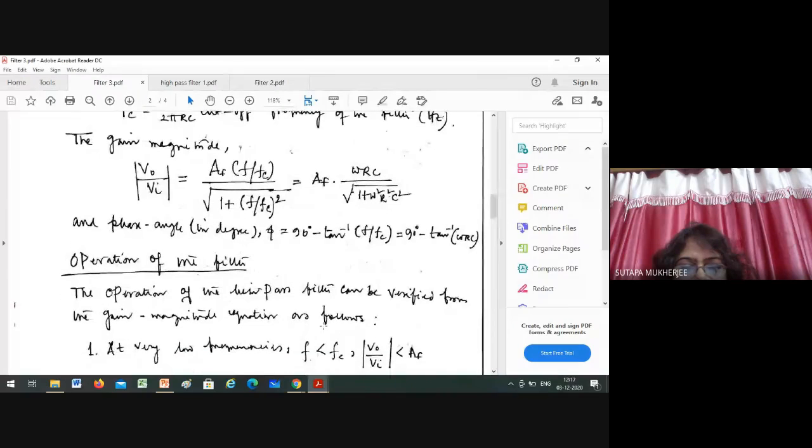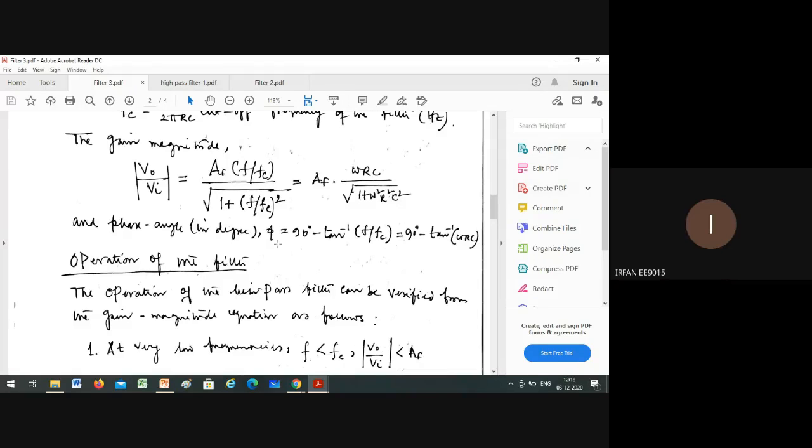So come to operation of the filter, how can you explain this is high pass. So if F less than Fc, তখন কি পাস করতে দেবে কি দেবে না? যখন আমার ফ্রিকোয়েন্সি কাট অফ থেকে কম, when the frequency is less than Fc, gain magnitude will be high or low? What is your idea?